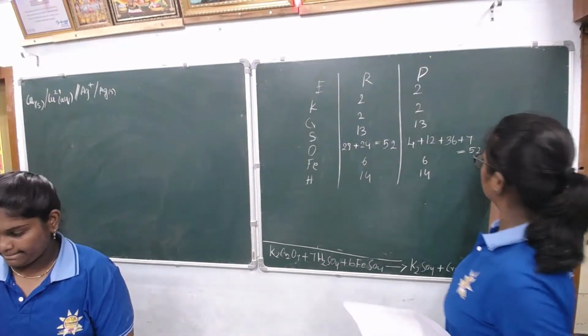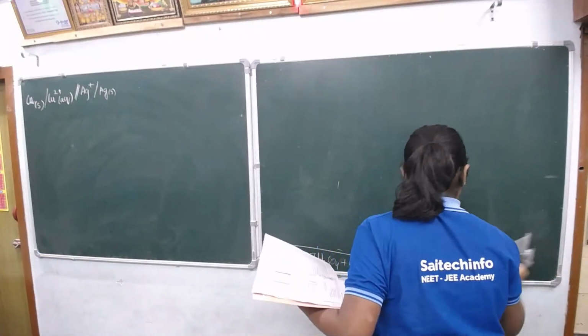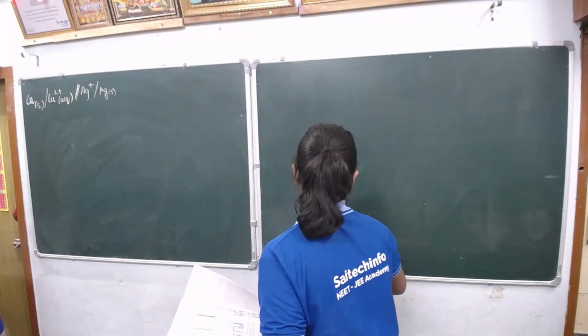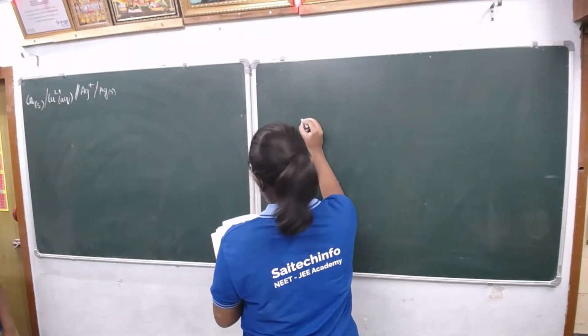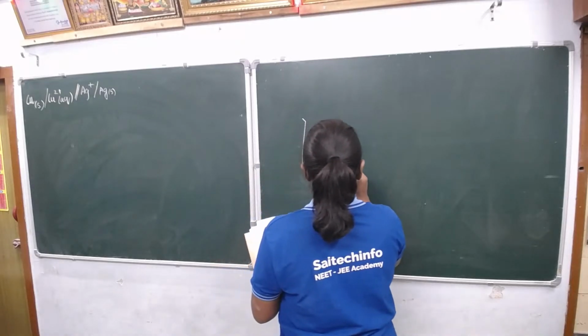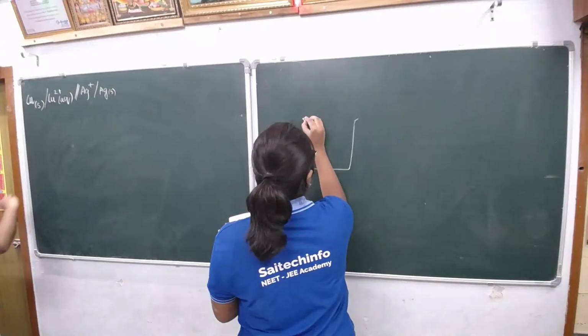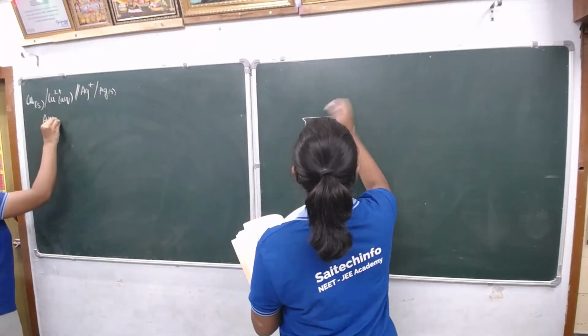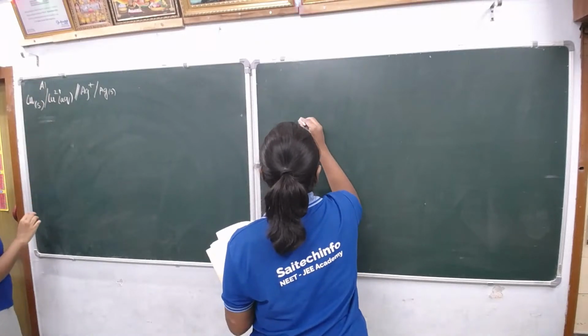Now listen. Based on this half-cell reaction, we can arrive at the combined reaction that represents the electrochemical equation also. For example, here you have copper. On the left side it is the anode.